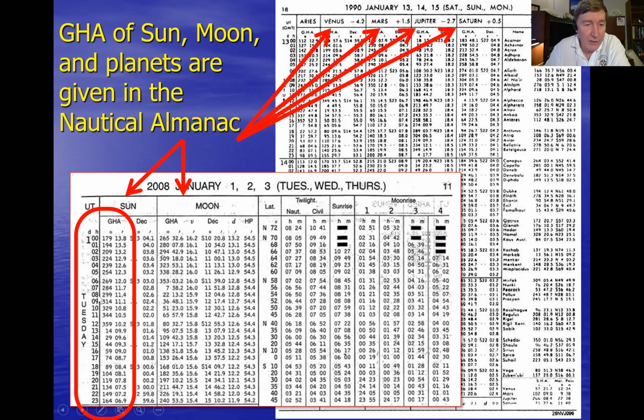I just look right on here. At 5 a.m., the GHA of the sun was 254 degrees and 12.3 minutes. That means it had already reached the international dateline and kept on going. As long as we make our measurements exactly on the hour, it's really simple.